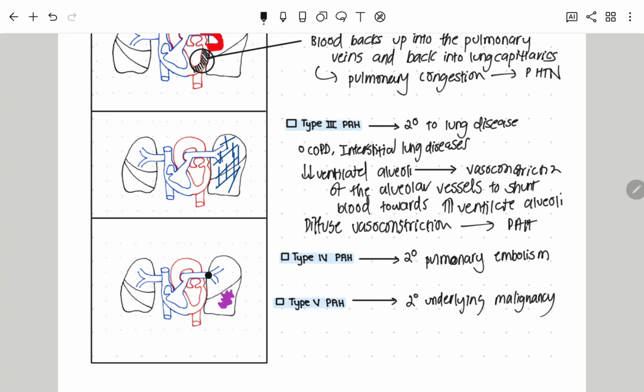You should be able to just give a brief overview of this classification. You don't really have to go too much in depth into explaining what heart failure is, how it occurs, or what COPD is or ILD is, because these are separate questions as is. But for the sake of connectivity, and for the sake of the overall picture and a holistic view, you should be able to mention these secondary pathologies as a cause of pulmonary arterial hypertension.